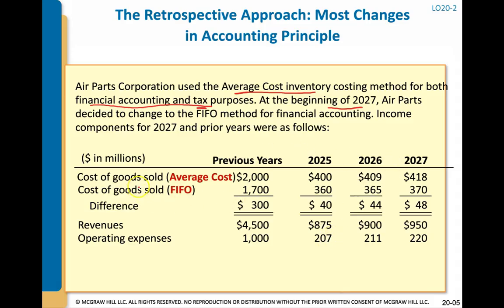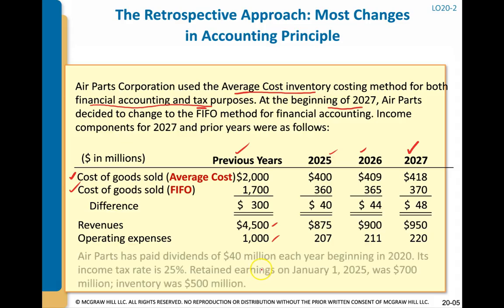So they gave us the cost of goods sold using the average cost method, which is their old method, versus what would be the cost of goods sold under the new method using FIFO. And they're giving us this information for 2027 and all the prior years, 2026, 2025, and pre-2025. And they give us the revenue and operating expenses for each of those years as well.